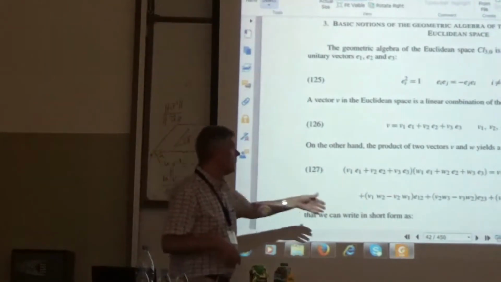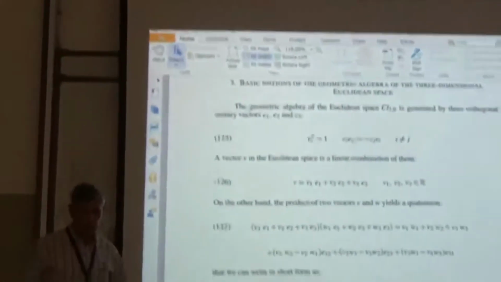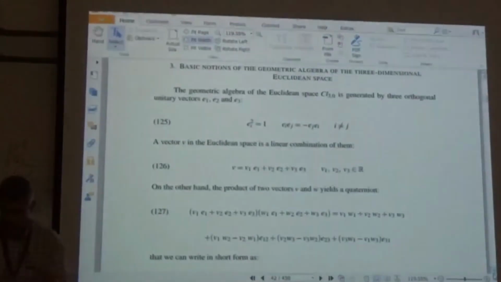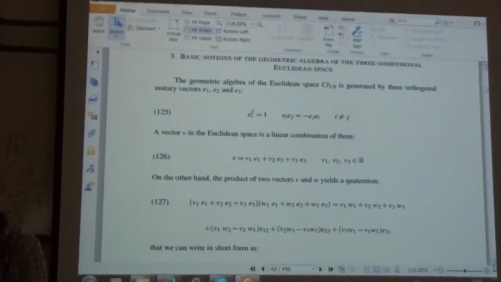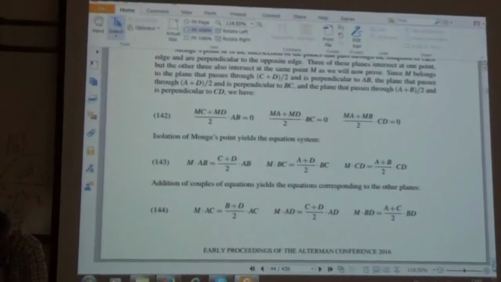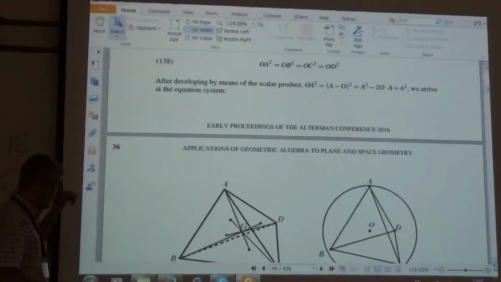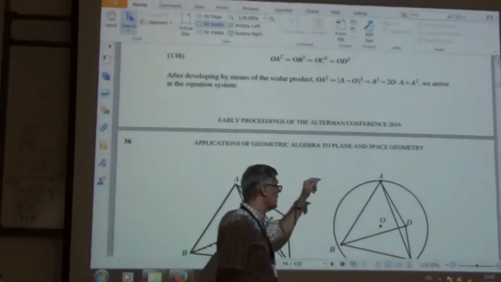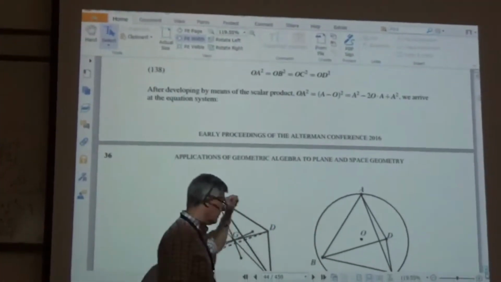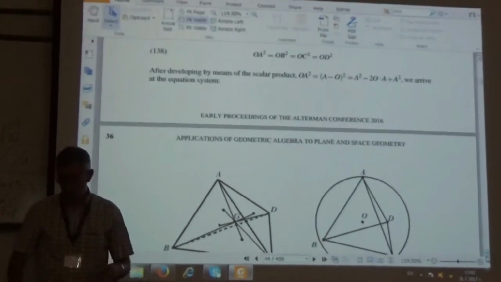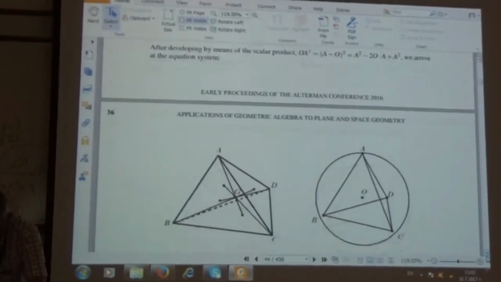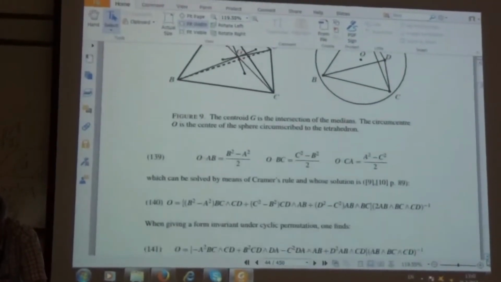Well, with this we can deal with the three-dimensional space. We can find things such as the Euler line of the centroid, the circumcenter, and the Nagel point, which is not drawn because it's difficult to draw.